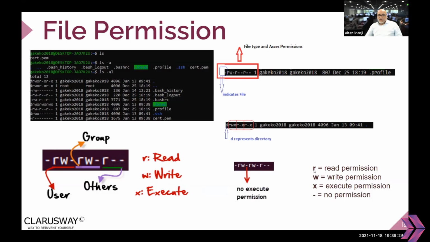So again, there's only one of 3 characters that can be in these 9 spaces. It's going to be either read, write, execute, or dash. And dash means you don't have permission for that particular item. And then the first character is going to be either a d or it's going to be a dash.